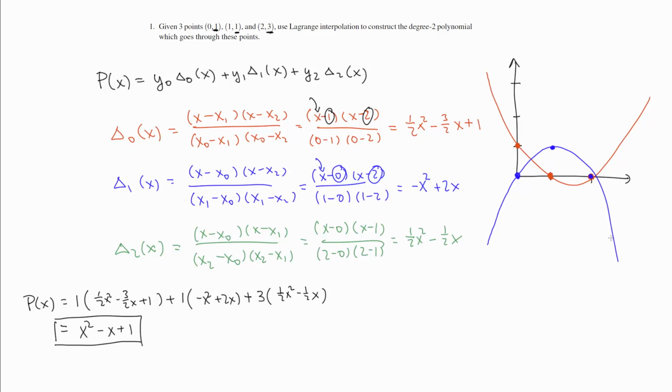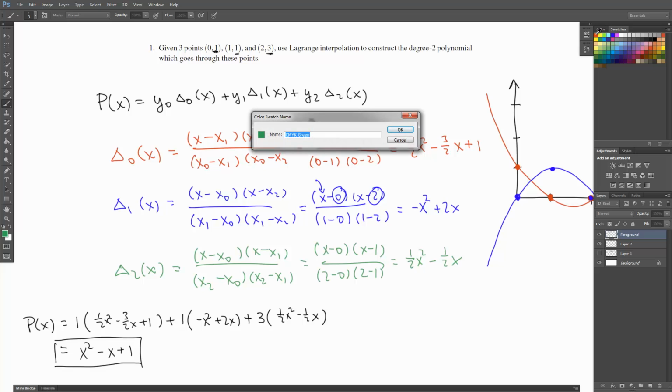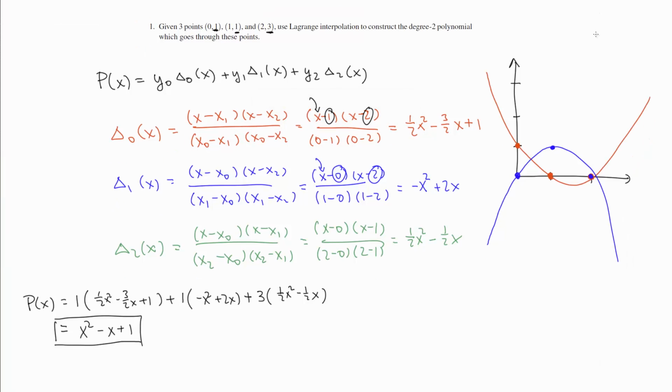And finally, for delta 2, we have roots at 0 and 1, and plugging in 2 will give us 1. So the quadratic looks like this.